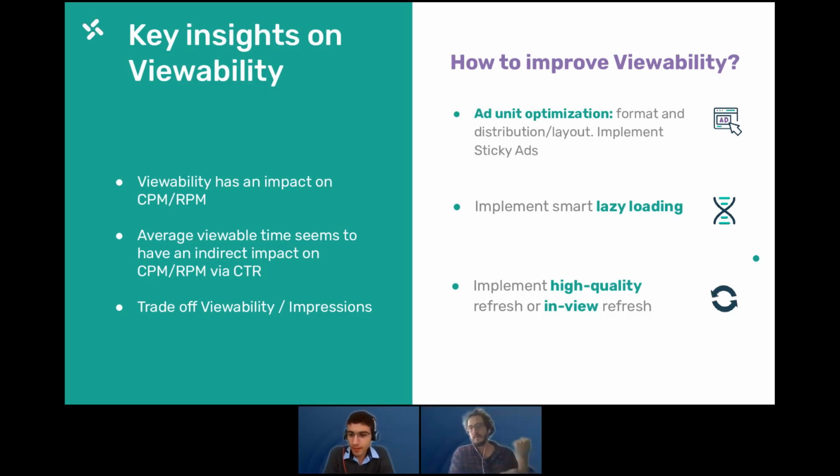So yeah, the idea now is to talk a little bit about two topics that are very broad, but the idea is to give a very quick overview. It's viewability and refresh, basically. So on viewability, why does viewability matter?